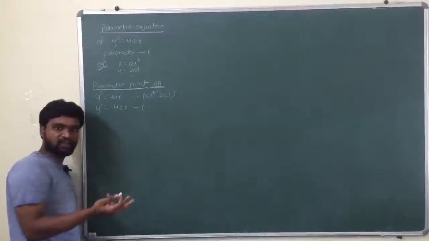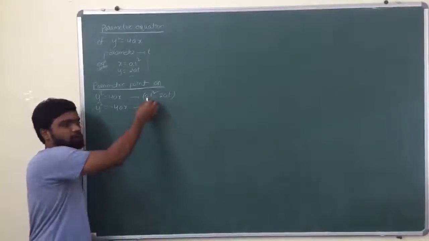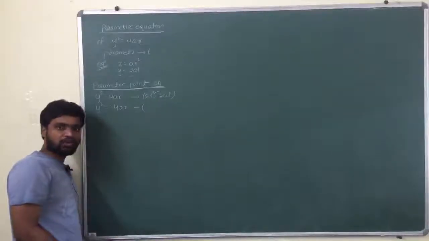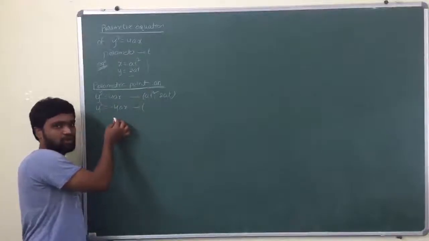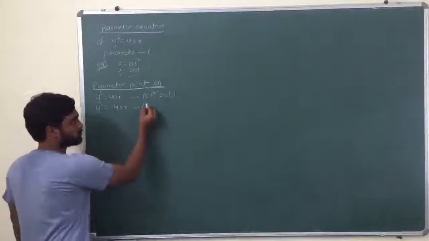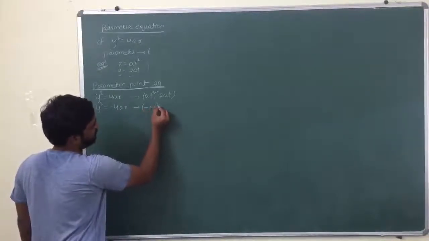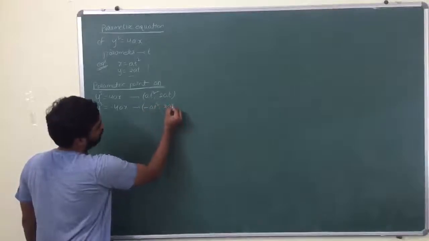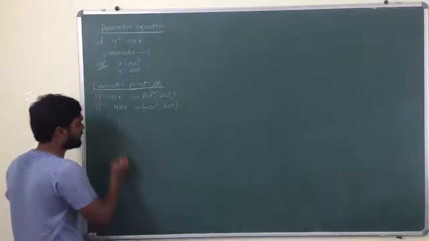That's how you got at square. Is at square negative? No, it is always positive, because a is already positive and t square is also positive, so it can be either 0 or positive. So for y square is equal to minus 4ax, we get minus at square comma 2at.